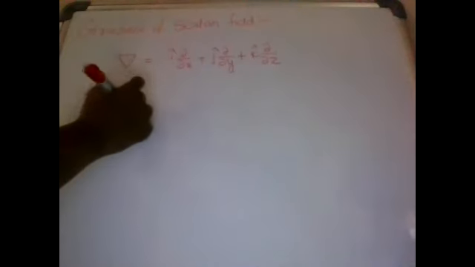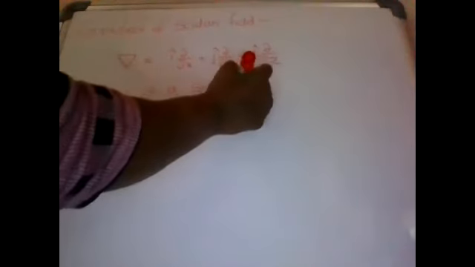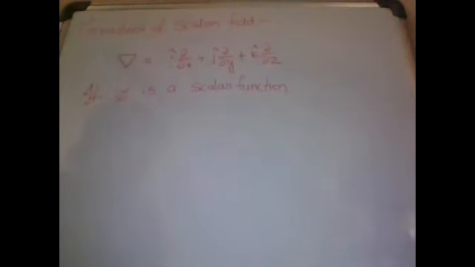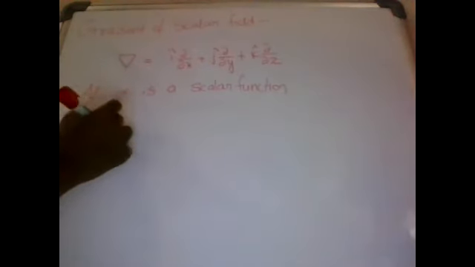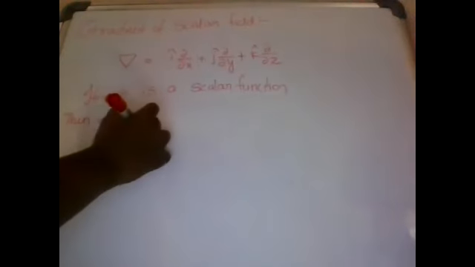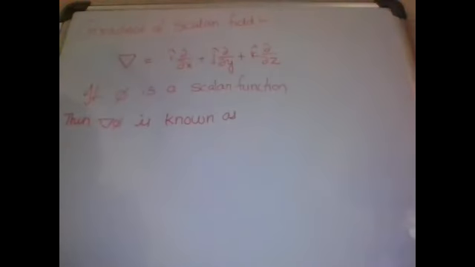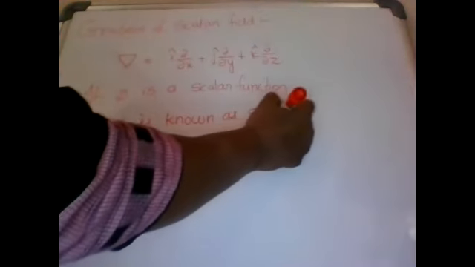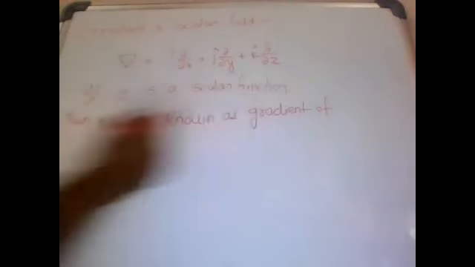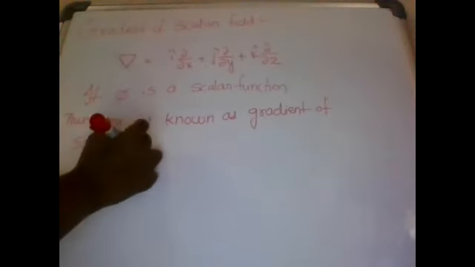Here we take any scalar field. If phi is a scalar function, then del phi is known as gradient of scalar field.